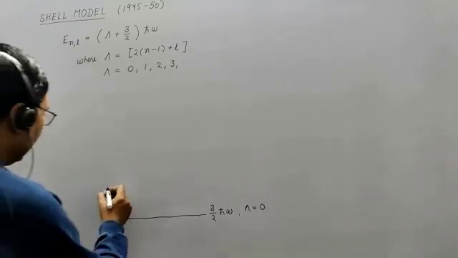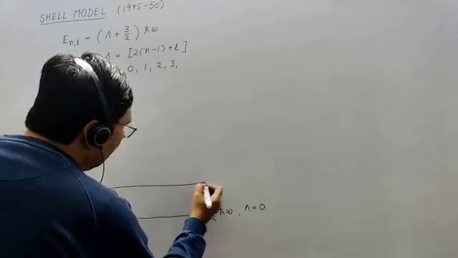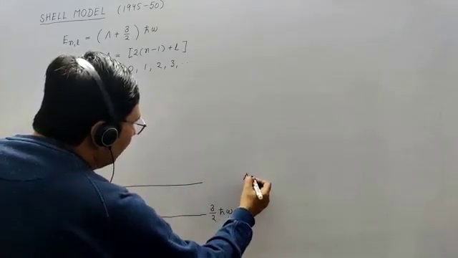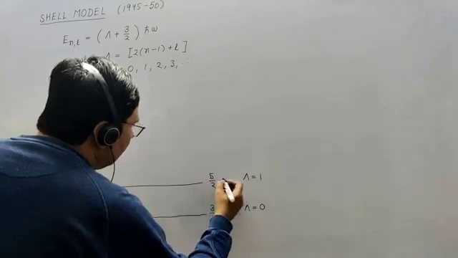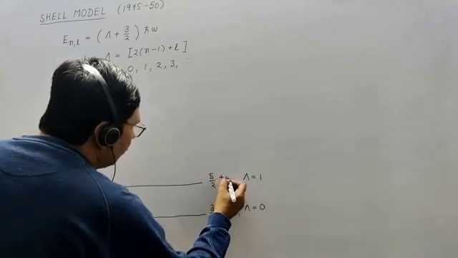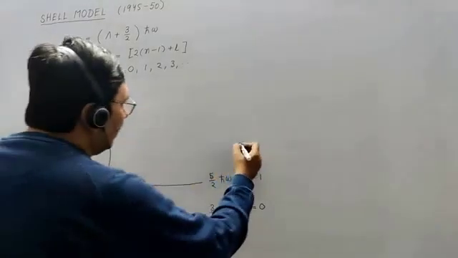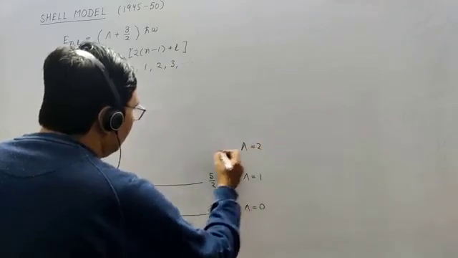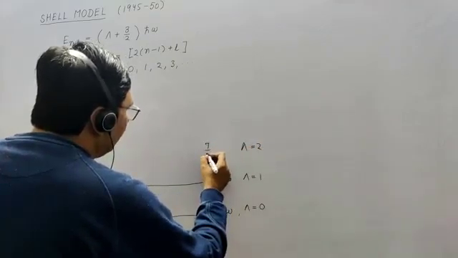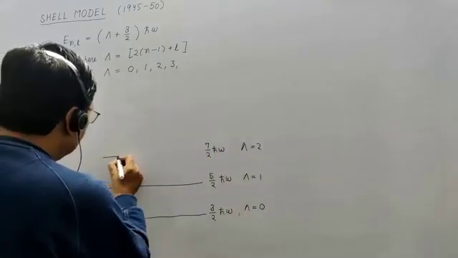Now substitute the second one: lambda equal to 1. You will get the next energy level, with energy 5 by 2 h cross omega. After this, take lambda equal to 2. Its energy will be 7 by 2 h cross omega. These energy levels are equally spaced.